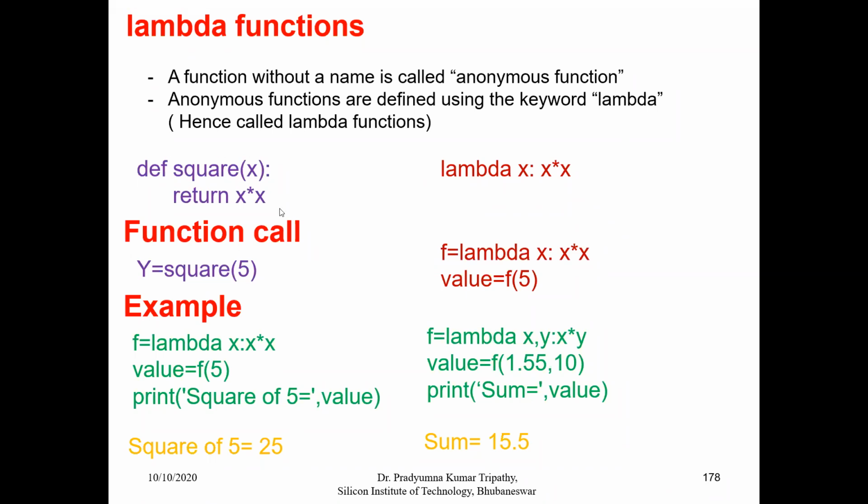If it is defined in the regular way, how do you call the function? We write y equals square of 5. The square of 5 is 5 into 5, 25 is returned, and it will be stored in y.